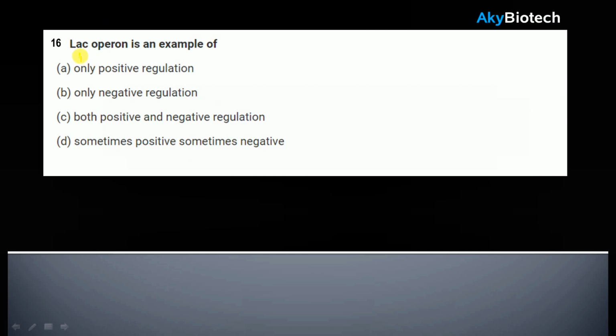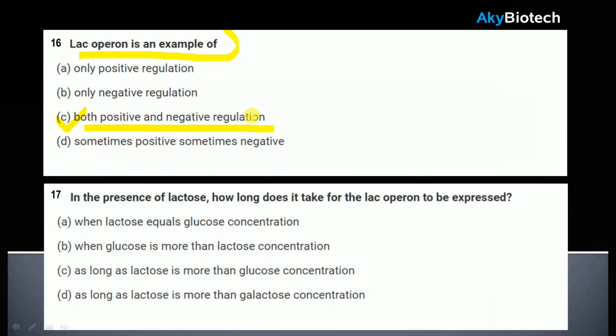Number 16, Lac Operon is an example of both positive and negative regulation, both these regulations take place in this. Then number 17, in the presence of lactose, how long does it take for the Lac Operon to be expressed?